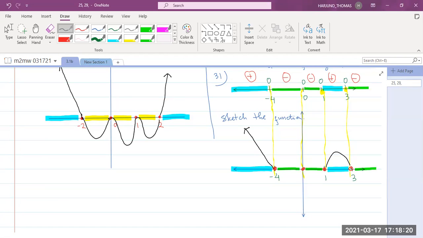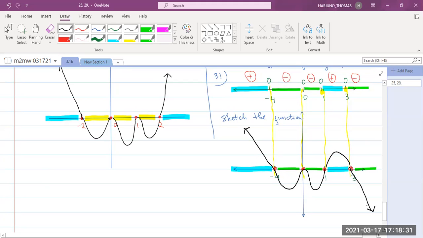Okay, so the graph will be below the x-axis, going back to the critical number, below the x-axis, going back to the critical number, and then you go down like that. That's what the graph looks like. Okay, that's for number 31.